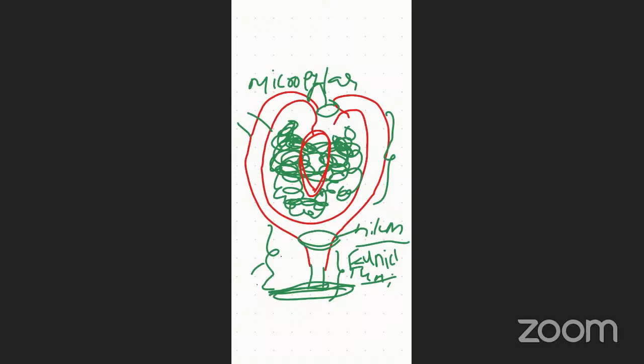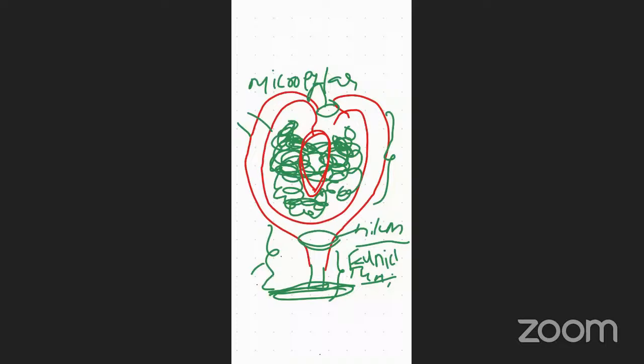Unitegmic, the name itself gives uni. What is uni? One. Made up of one rather than two. Only one is present. In bitegmic, it should be two, sir? Yes, 100% two.